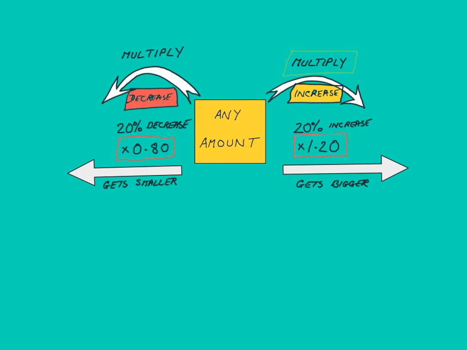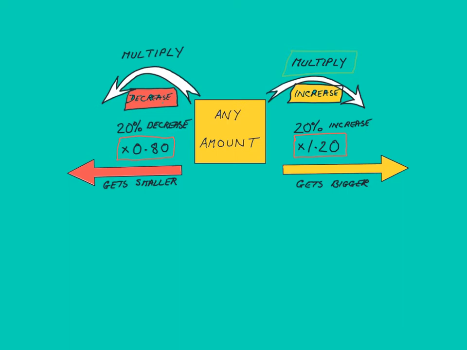And the important thing to realize is that when we increase, the amount that we end up with should be more than we started with. But if we decrease, the amount we finish up with should be less than we started with.